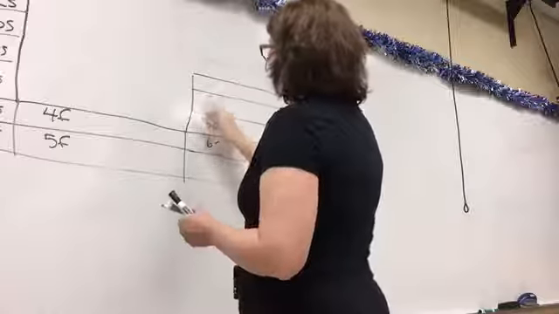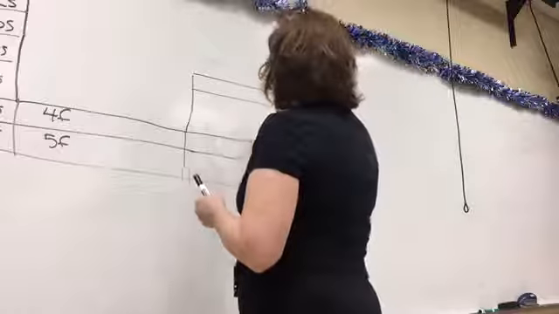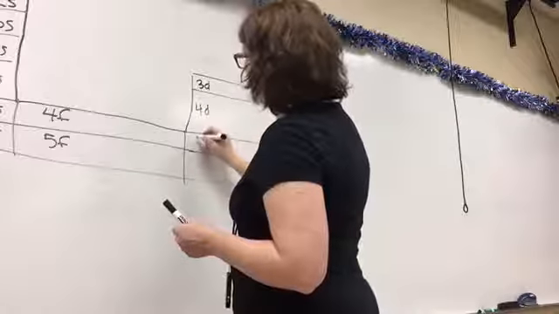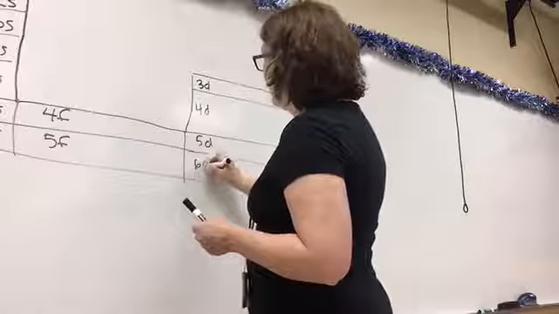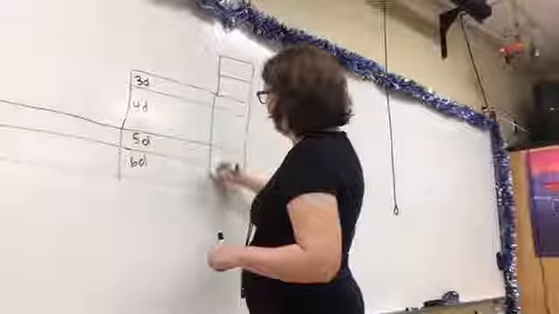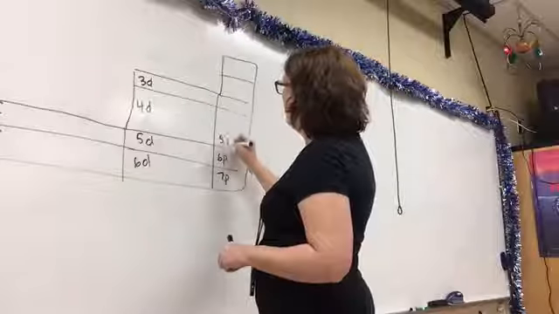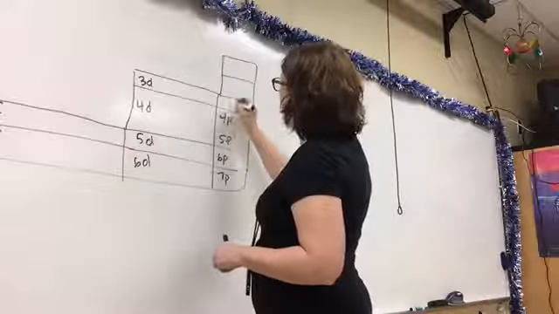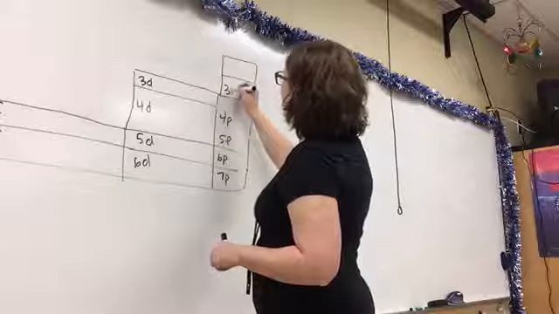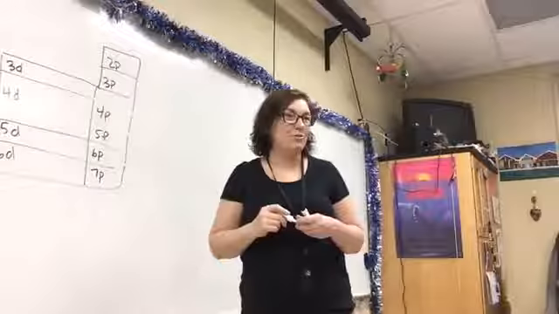My numbers didn't line up. So I've got one too many lines in here. So 3D, 4D, 5D, and 6D. Yes? And then I'm going to start from the bottom: 7P, 6P, 5P, 4P, 3P, and 2P. Does that make sense? Yes or no?